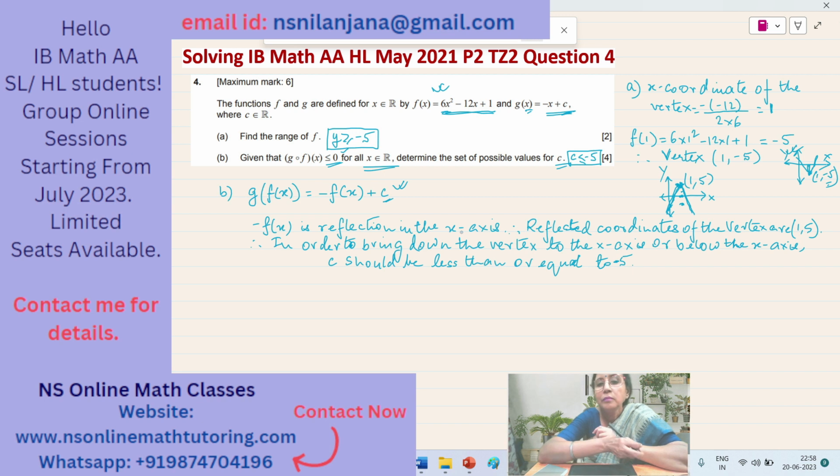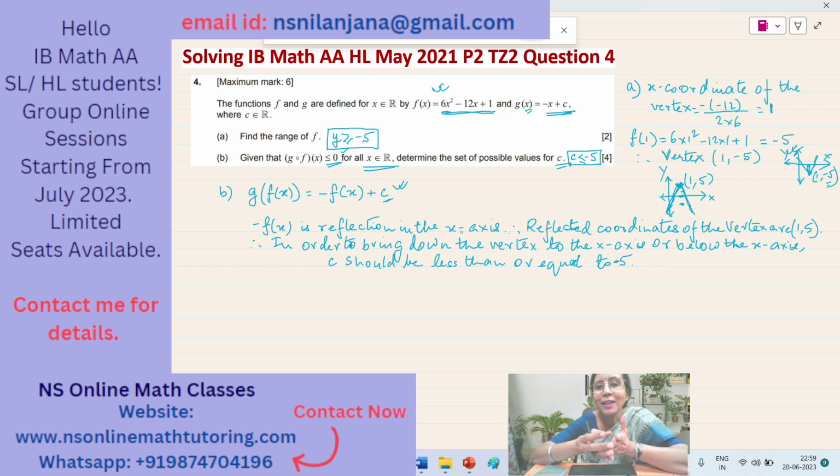Okay. Because C is representing the vertical translation. We are moving down by 5 units, so it is negative 5, and that is the maximum, having the highest value.